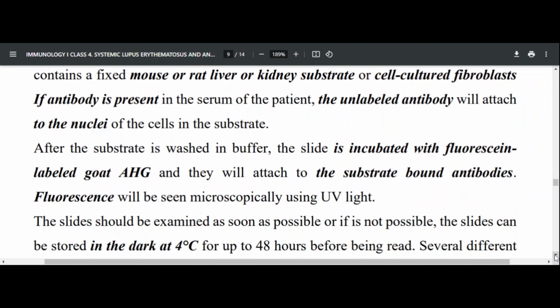Later, after the substrate is washed in buffer, the slide is incubated with the secondary antibodies that are fluorescence labeled. Those are anti-human globulins, or anti-human antibodies, and they will attach to the substrate-bound antibodies. Those substrate-bound antibodies are the human autoantibodies that we are trying to detect.